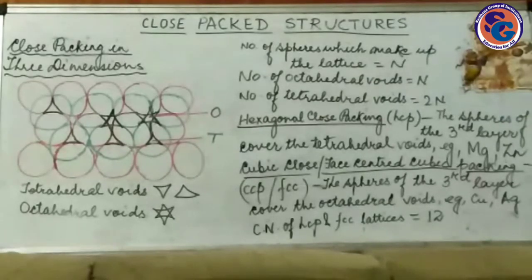So the coordination number stands to be 12. In these two types of close packed structures, the packing efficiency is very high. This means that the empty spaces in these types of lattices are very less.